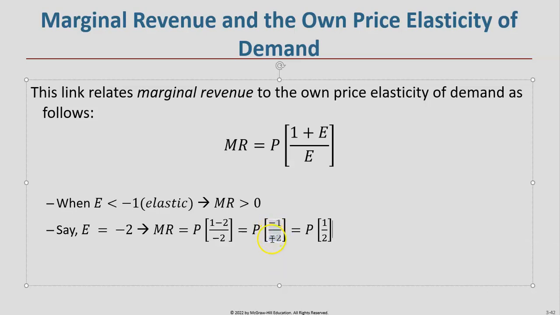Well, minus divided by minus is a positive. So marginal revenue is 1/2 of price, and so marginal revenue is greater than 0. Okay, so if all you know is the elasticity and the price, then this formula can tell you that marginal revenue is greater than 0.